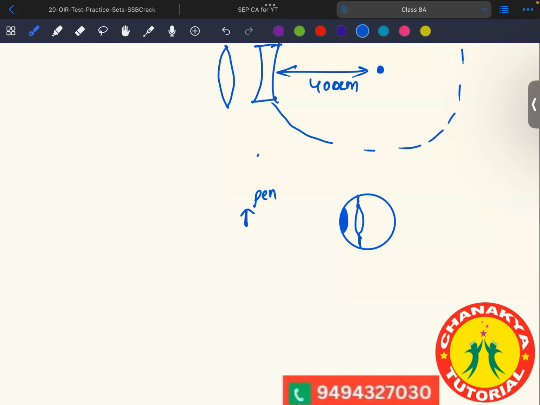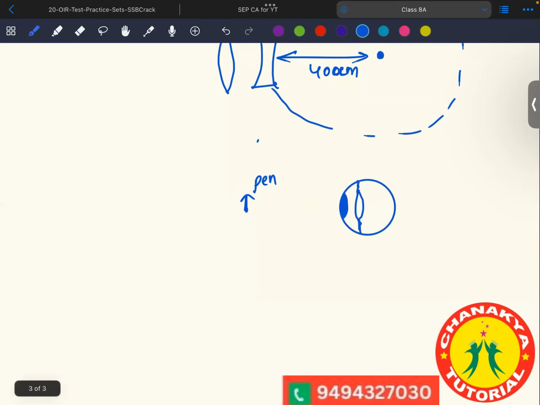Which muscles are responsible for contracting and stretching the lens? Ciliary muscles. Very good. Who spoke? Jitendra.